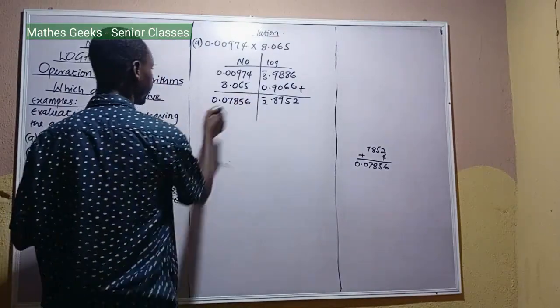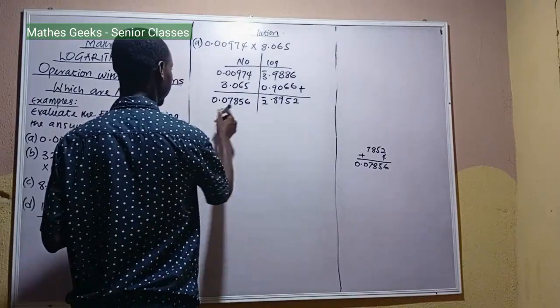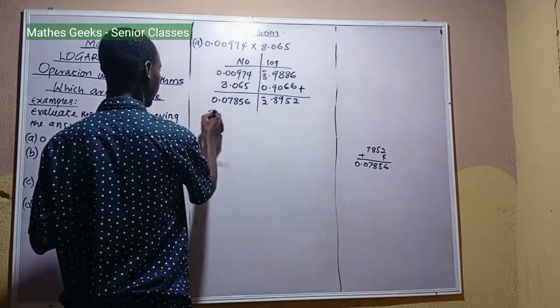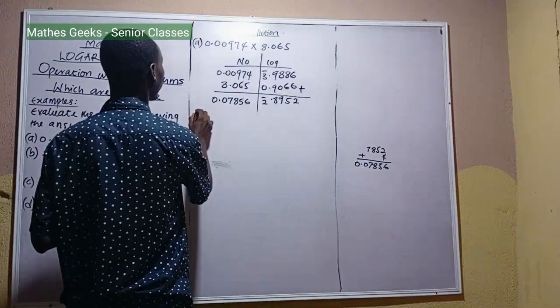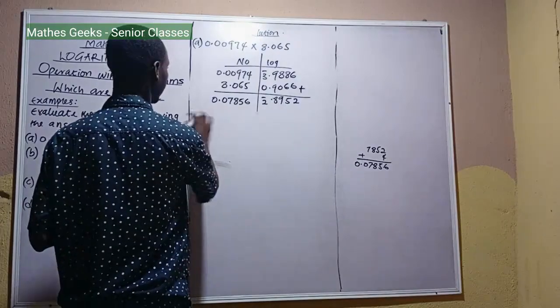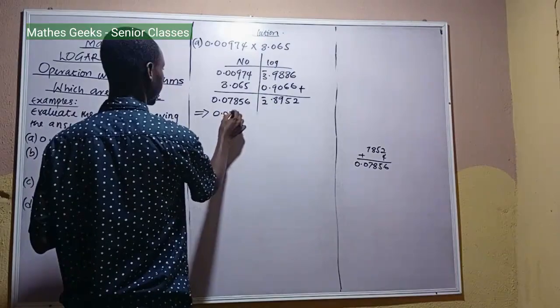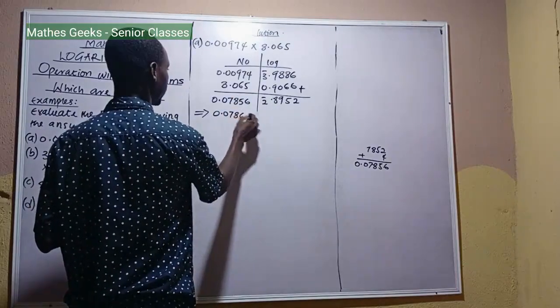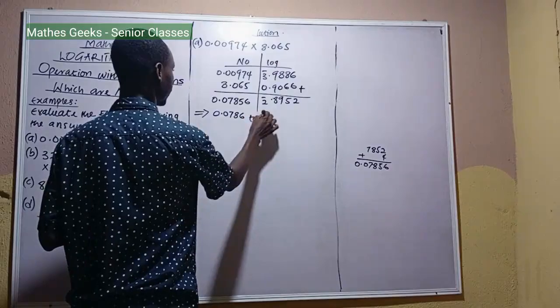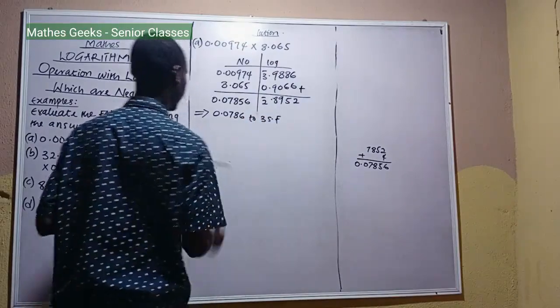So the answer to 3 significant figures is 0.0786.